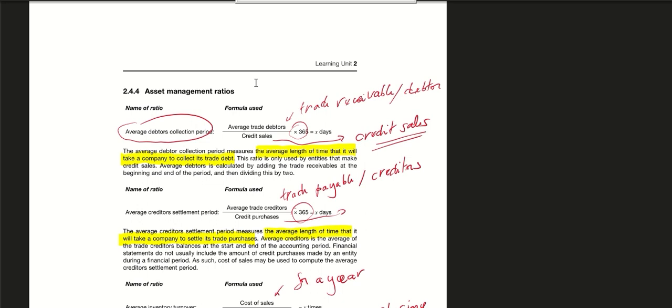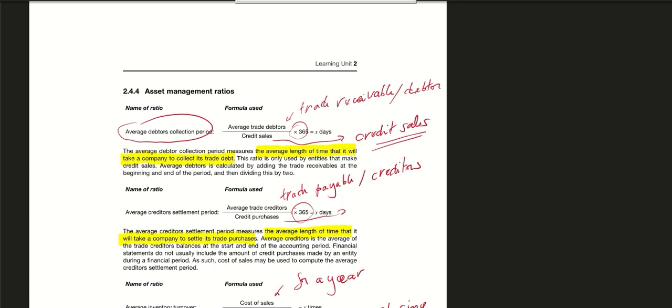We are looking at the average debtor collection period because remember again, there is that trade that is on credit, future payment expected, right?